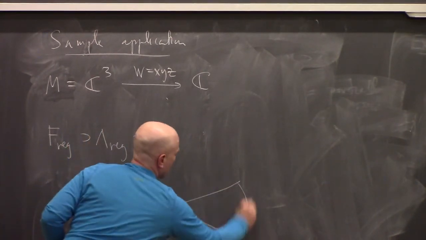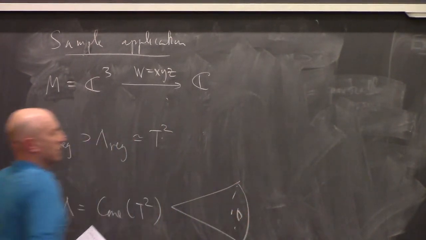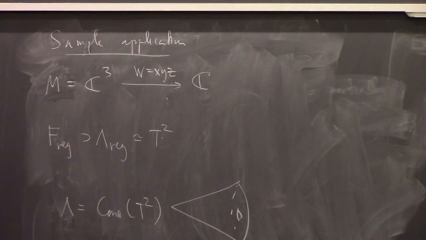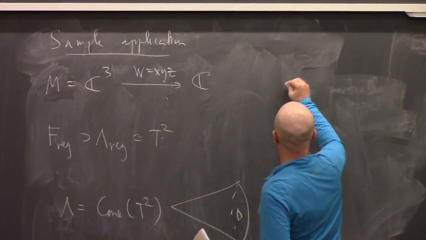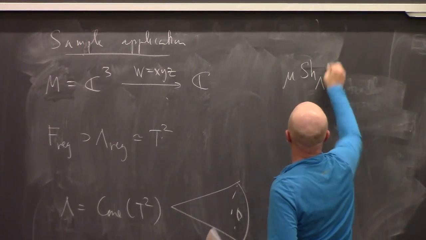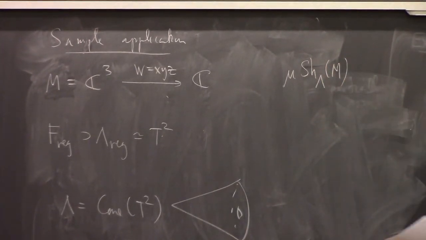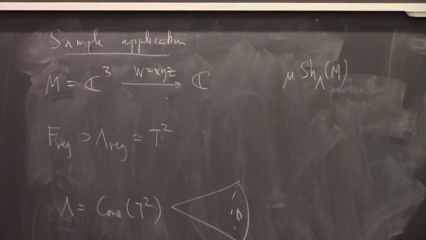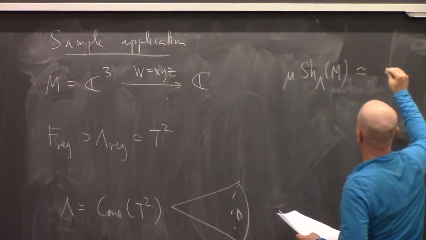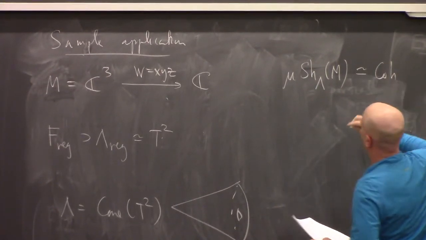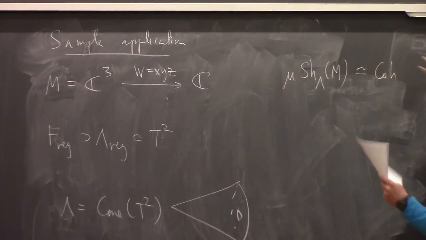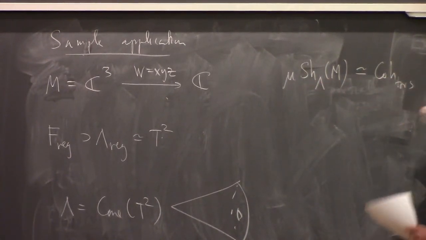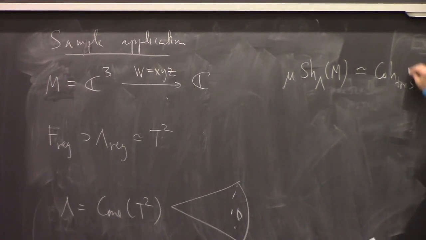So you have this picture inside C3, and this is our lambda, and now we want to calculate microlocal sheaves along lambda. And the answer is one that this community knows very well: it's mirror to coherent sheaves. Depending on how you define microlocal sheaves, if you go and look in the standard references, you'll just get the torsion modules, but that's not a big deal, on P1 minus 3 points.